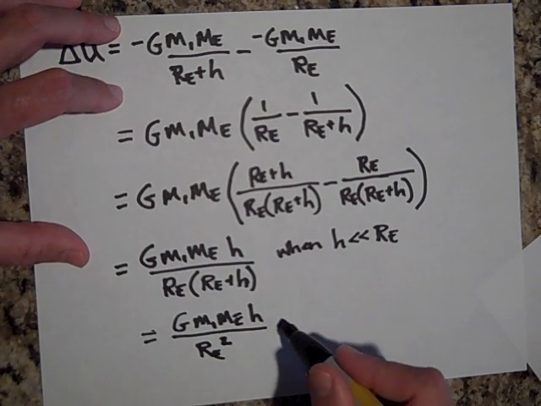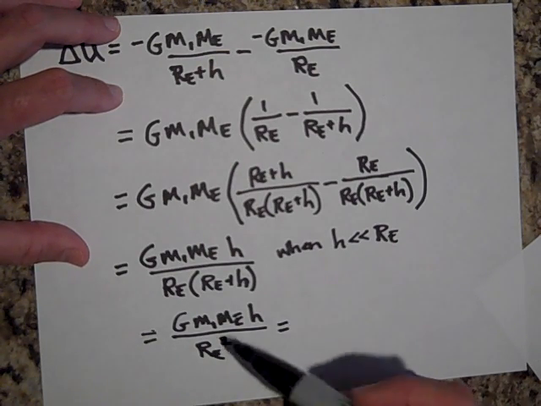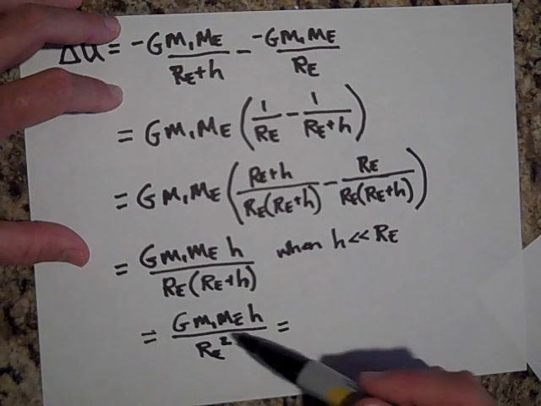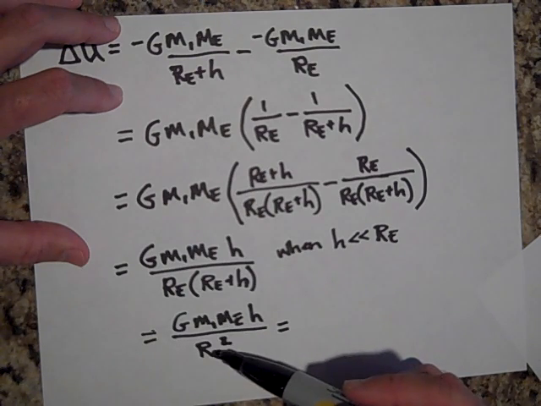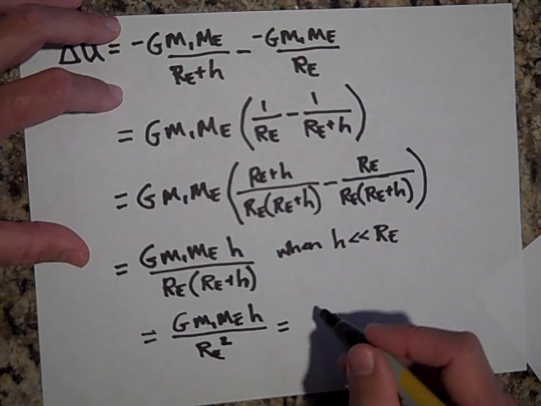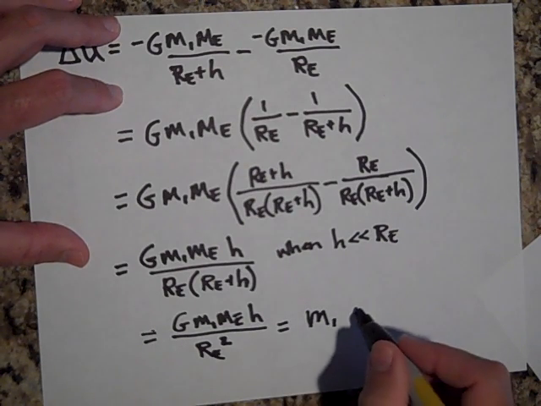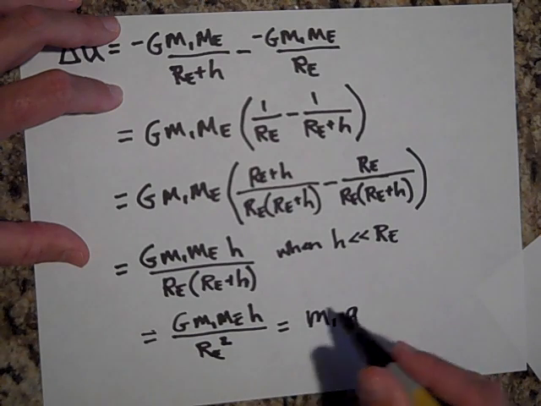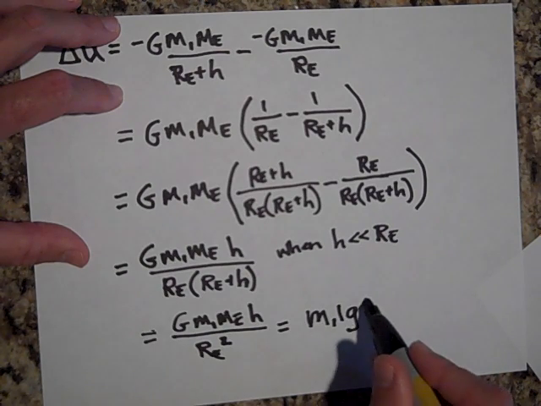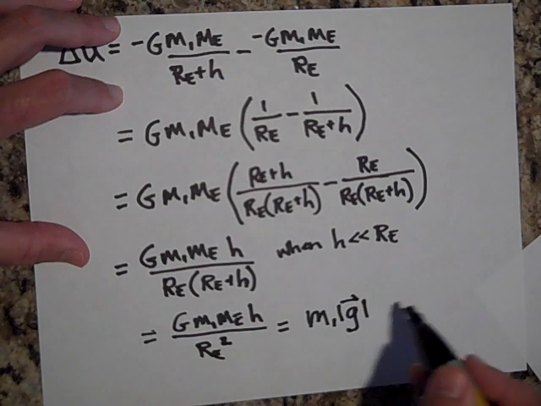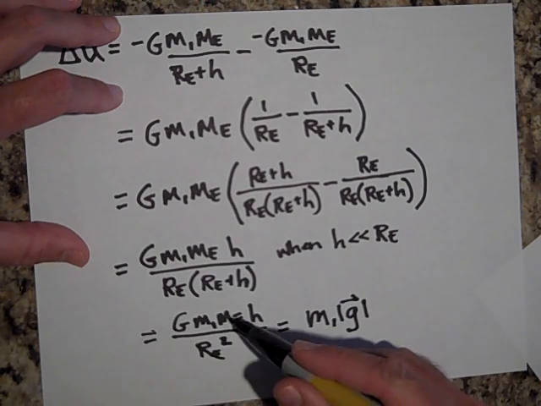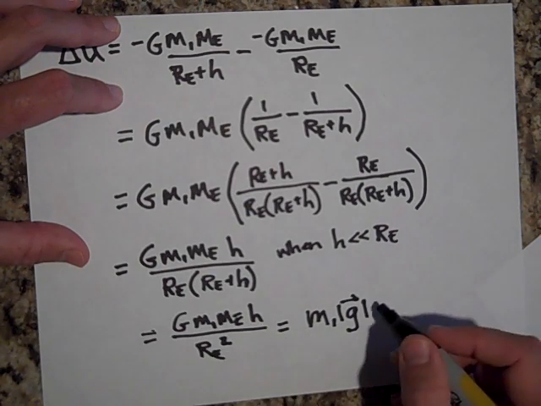Okay, well, do you see a g in here? g is just capital G ME over Re squared. So if I do that, then I basically have m1, and this is g, the absolute value of g, really. Let me put the absolute value sign in there. So that'd be G ME over Re squared times h.